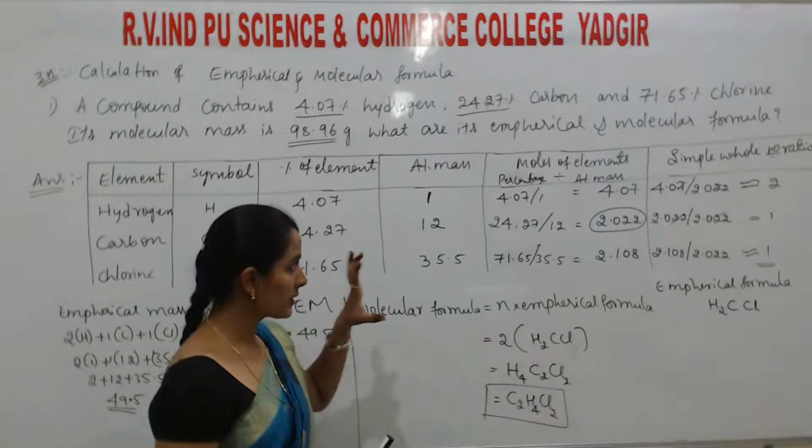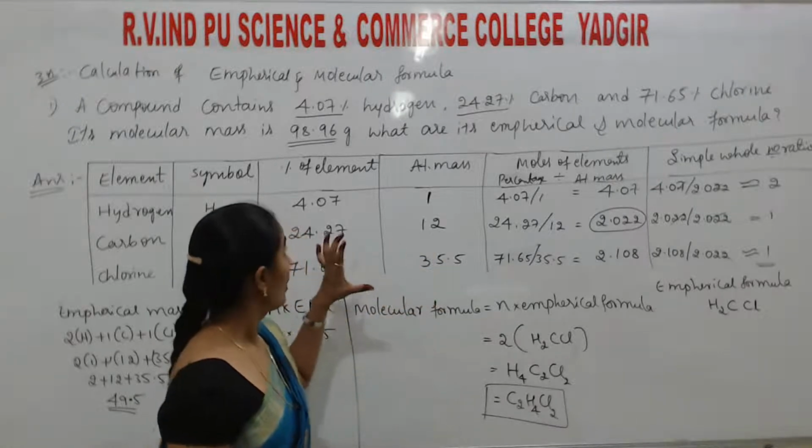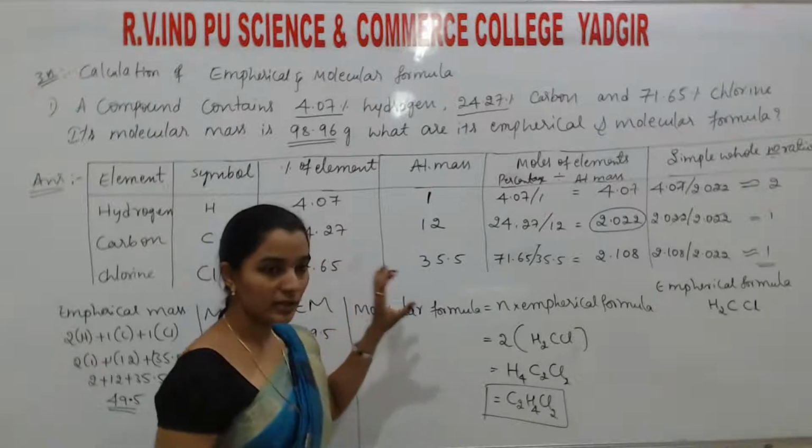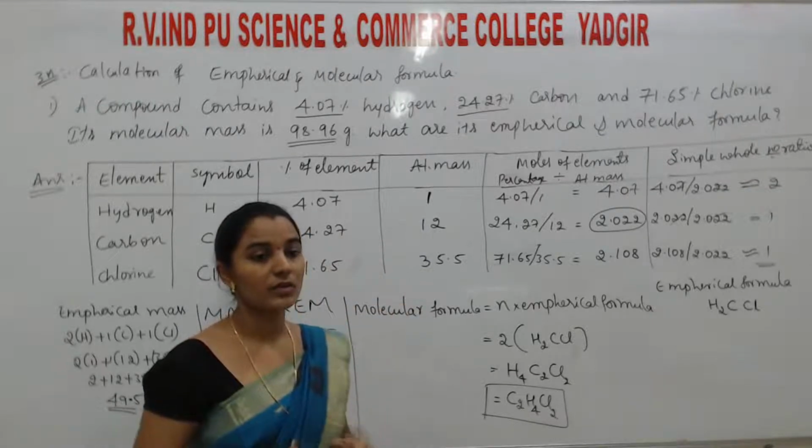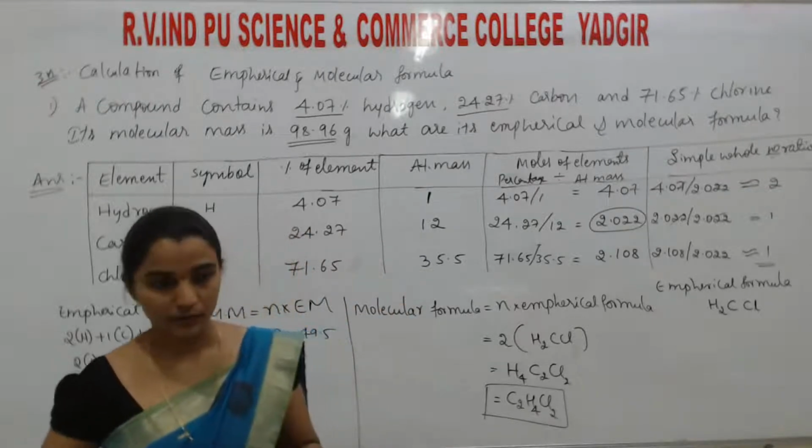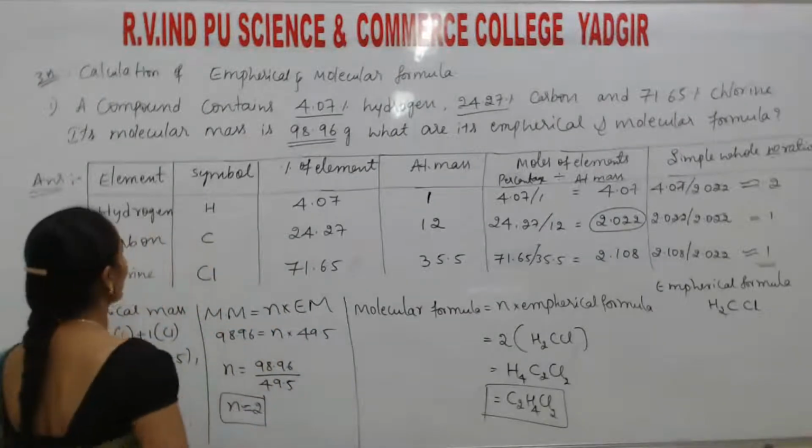Understood? So students, this table remains. I'll leave this table on this board like this only, and I simply exchange the values here. Then you'll understand. The process is the same for all.